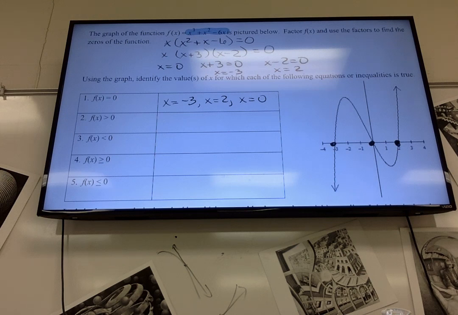Now we want to know where f of x is greater than 0. So on this picture, where's that going to be? Above the x-axis. So let me change colors here. So above the x-axis. So it's going to start where? Negative 3.